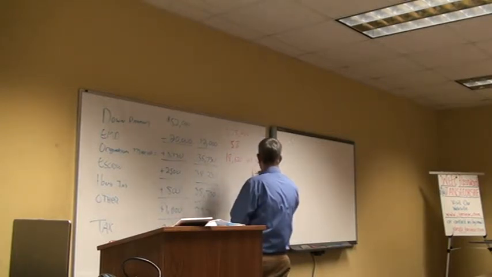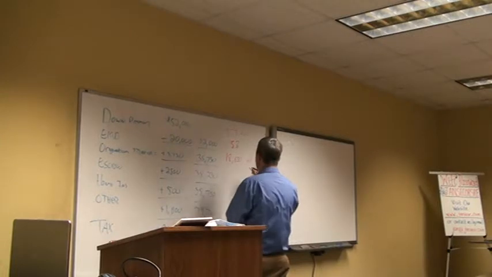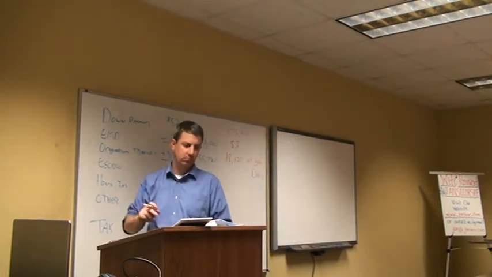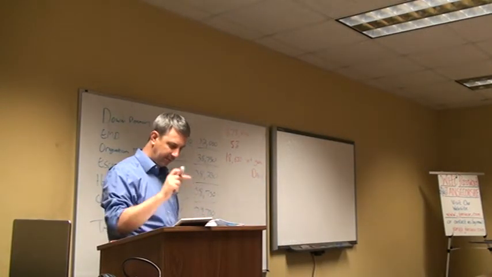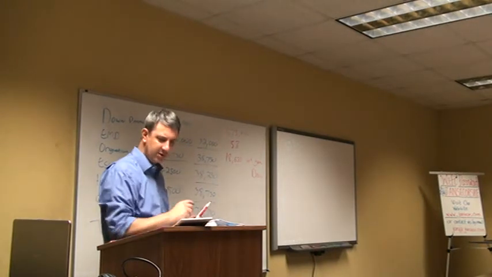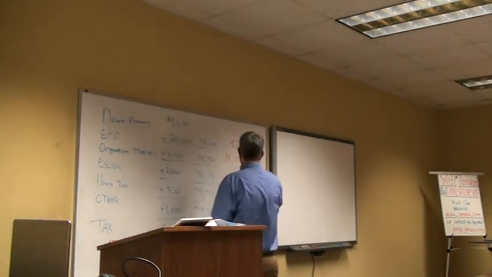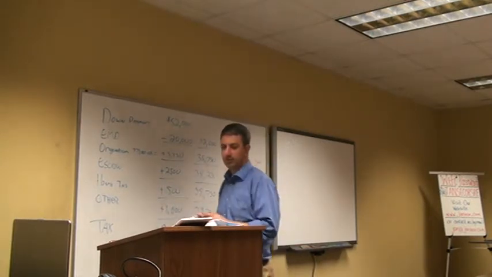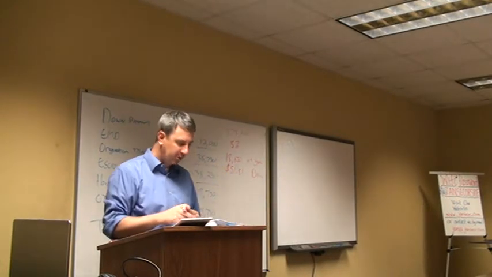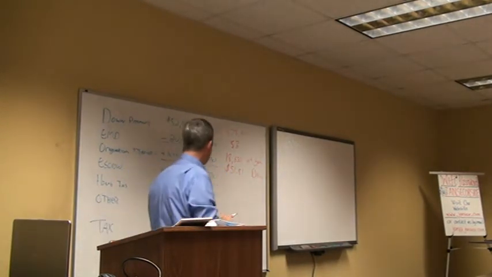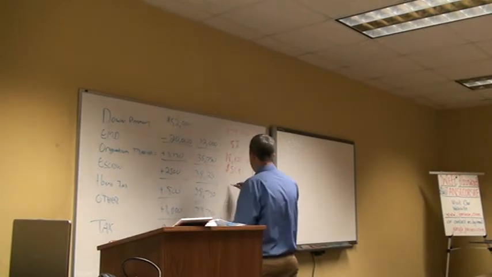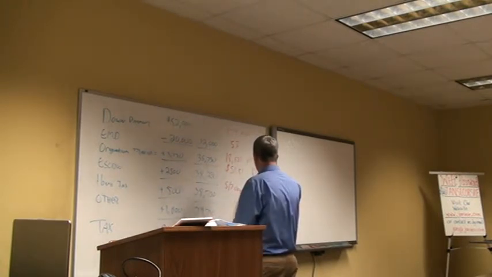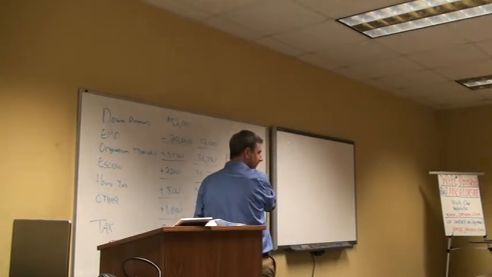Convert that to daily. Divide that number by 360. $51, and I got 81 cents. 81 cents rounded, yeah. Okay, everybody good on that? $51.81 per day. How many days of interim interest are we talking about? Because we're closing on the 7th, 5/7 close. Are we paying interest on 5/7?